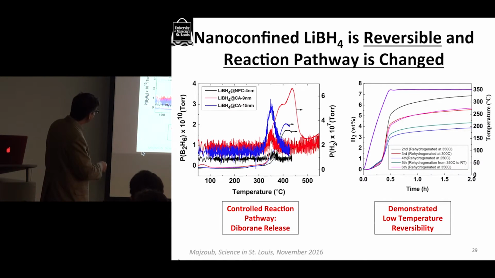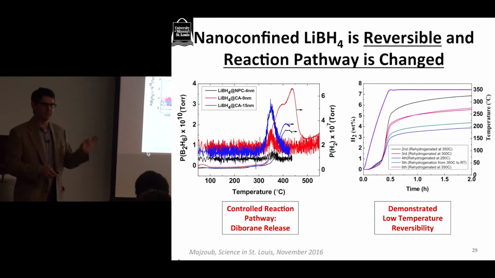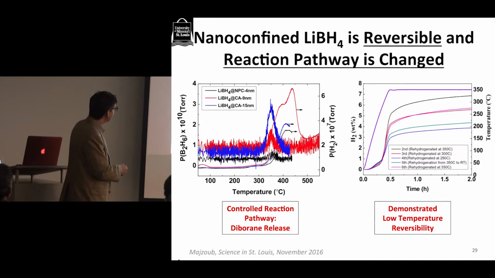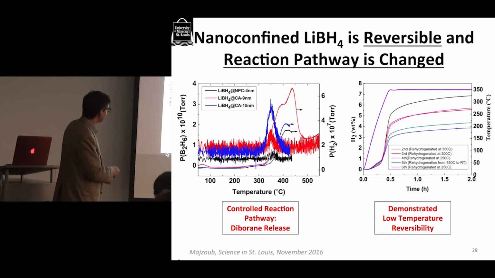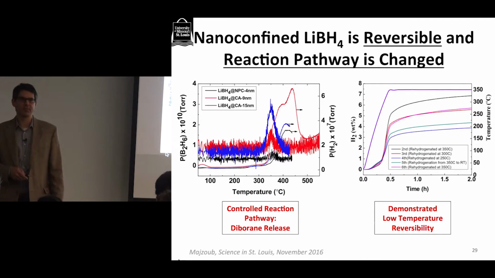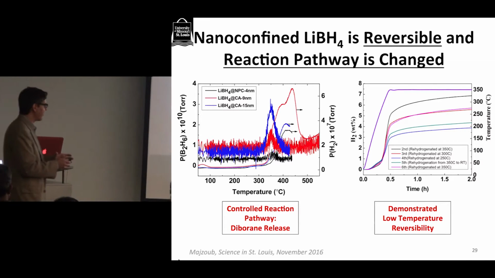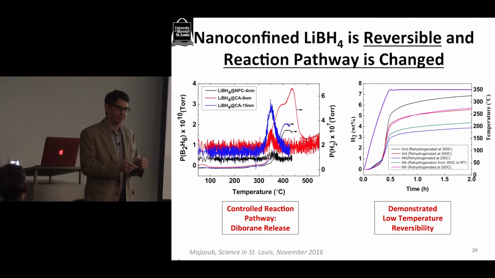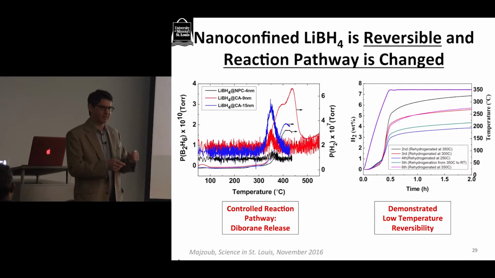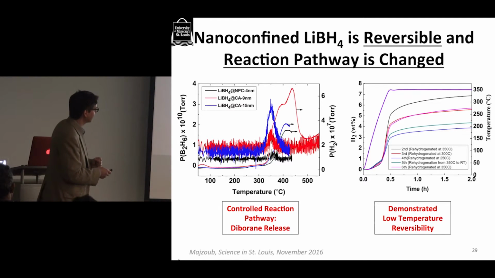In red, we have another carbon that's only 9 nanometers, so we're going to smaller pore size. And you can see that the diborane drops significantly. And as we go to a 4 nanometer carbon, in black, the black trace here shows essentially no diborane coming off of the sample. And so what we're showing here is that we can actually control the reaction pathway by incorporating it into these very small nano framework materials.